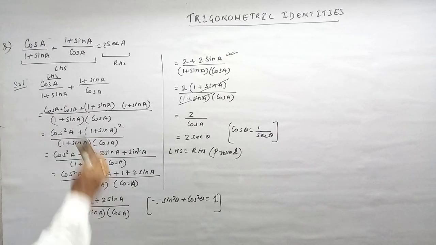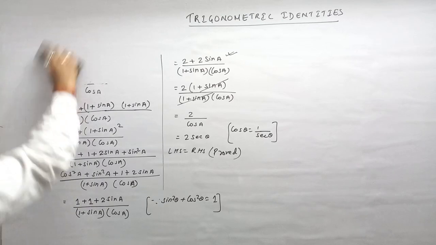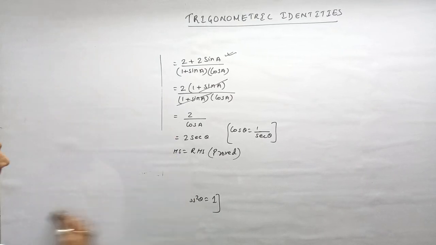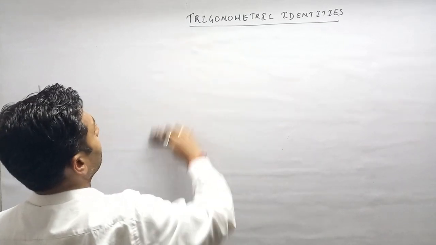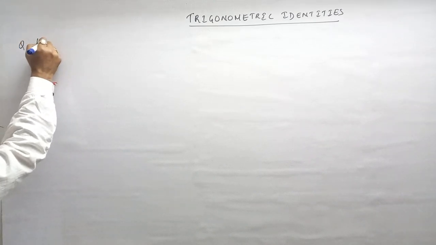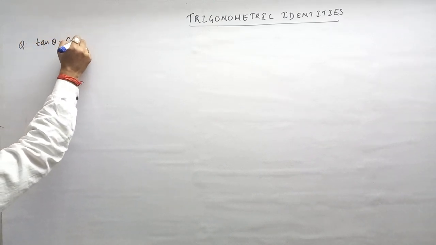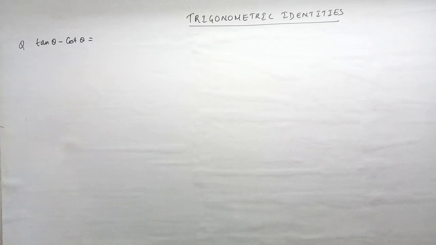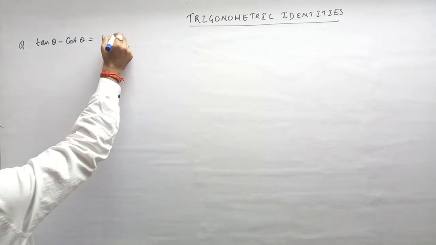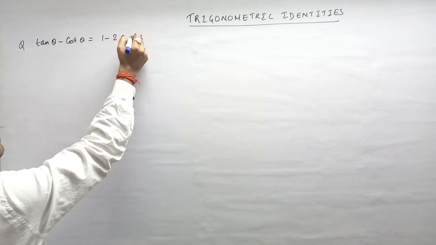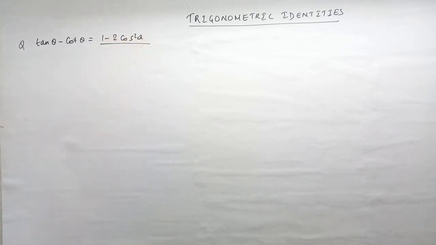Okay, let me take the next question. Tan theta minus cot theta is equal to 1 minus 2 cos square theta divided by sin theta cos theta.